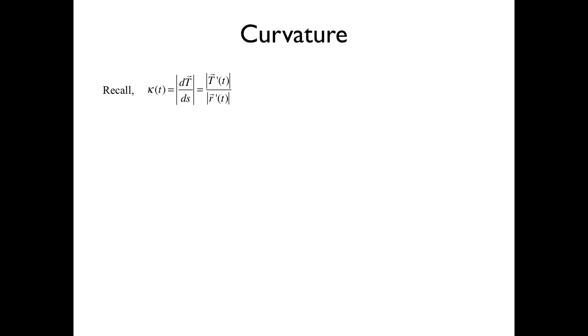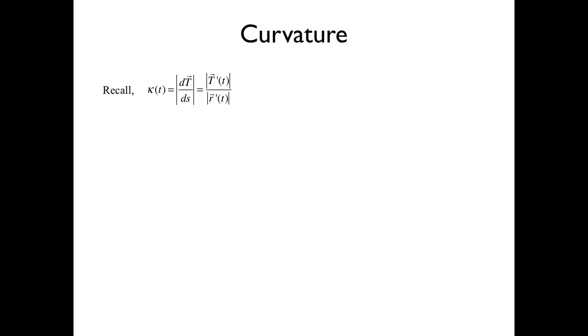It's always got a length of 1. So that's change in direction, right? If the magnitude of T is always 1, then the change in T would be how much turn, and that's per ds, a unit of arc length. So it's how much turn you get per distance traveled.